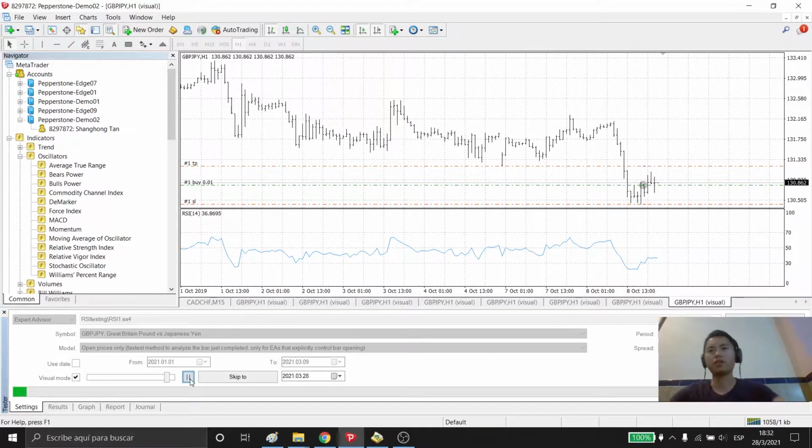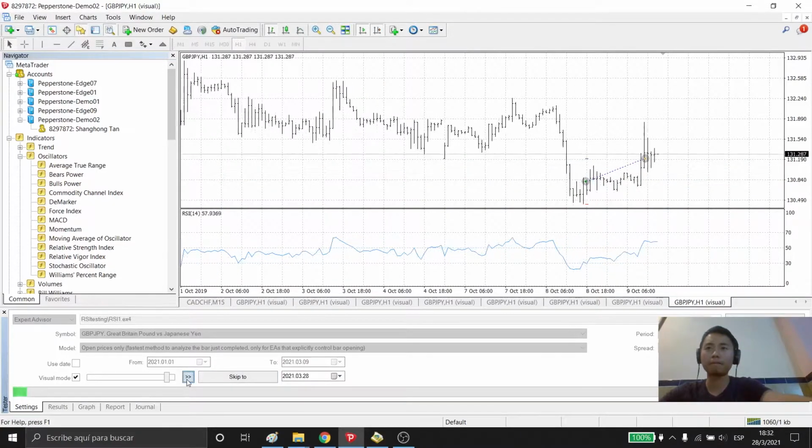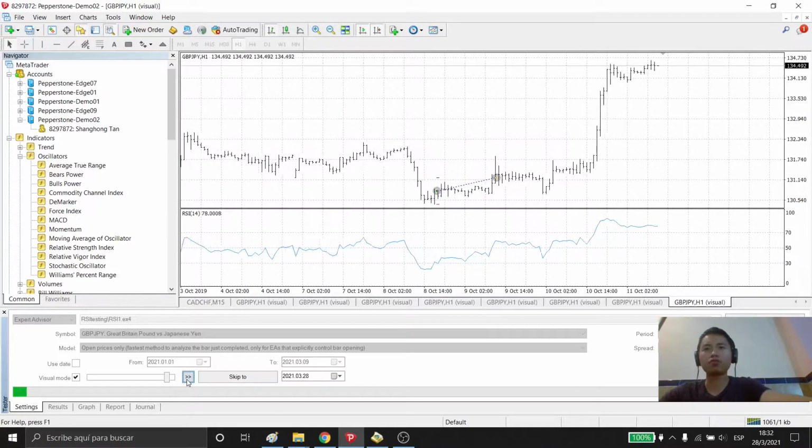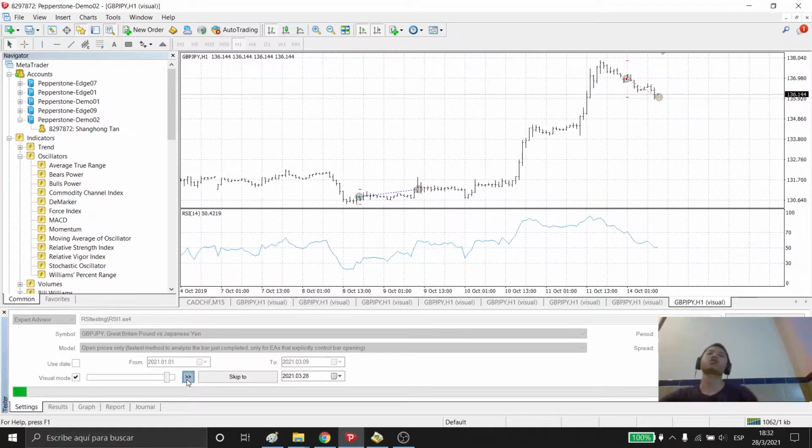There's a buy because it closes from the 30 level. It's a simple EA that just checks: there was a sell because it closes at the 70 level, and so on.